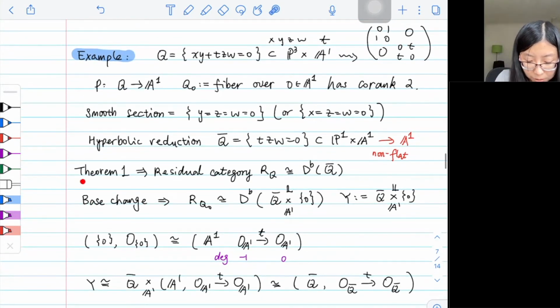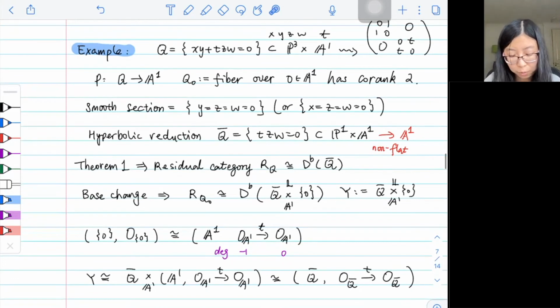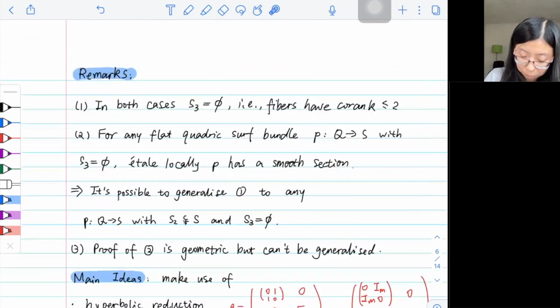And now Theorem 1 will tell us that the residual category is equivalent to D^b of Q bar. For derived categories or triangulated categories, we have a base change theory. So this tells us that the residual category of this fiber Q0 is equivalent to the derived category of the base change, but now we have to do the derived fiber product. Oh, sorry.